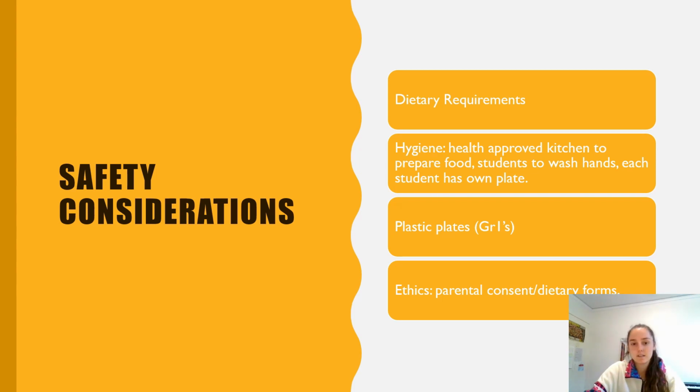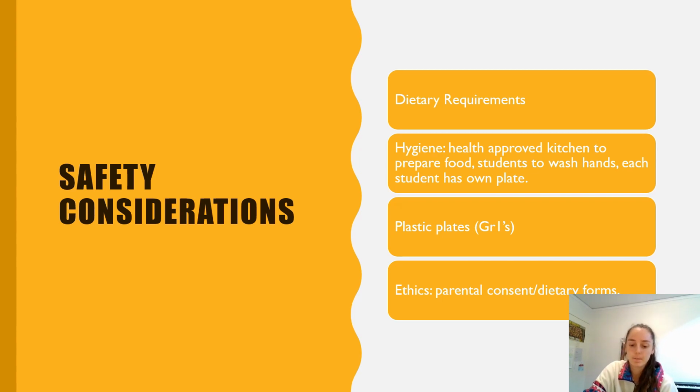The safety considerations for our activity include dietary requirements, because the students will be eating food, so that might be religious or allergies. Hygiene: prepare the food in a health approved kitchen, students are to wash their hands before the activity, and each student has their own plate to minimize spread of germs.